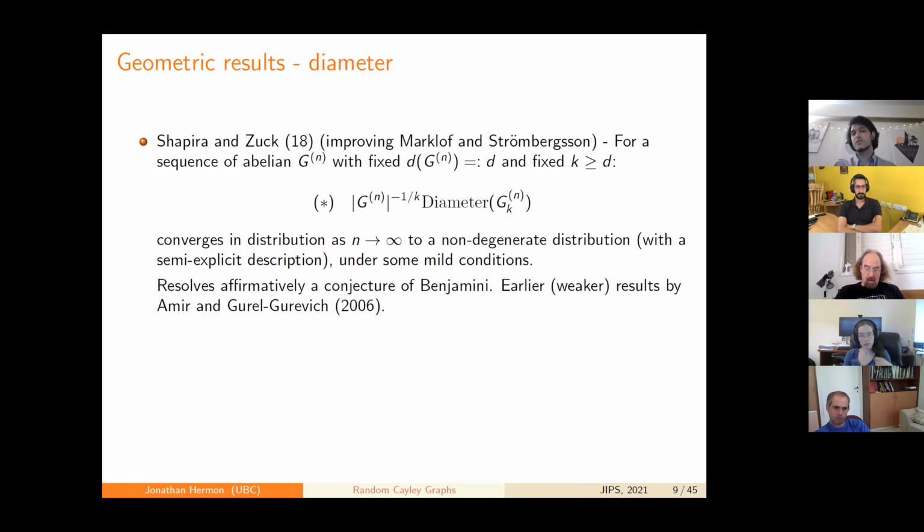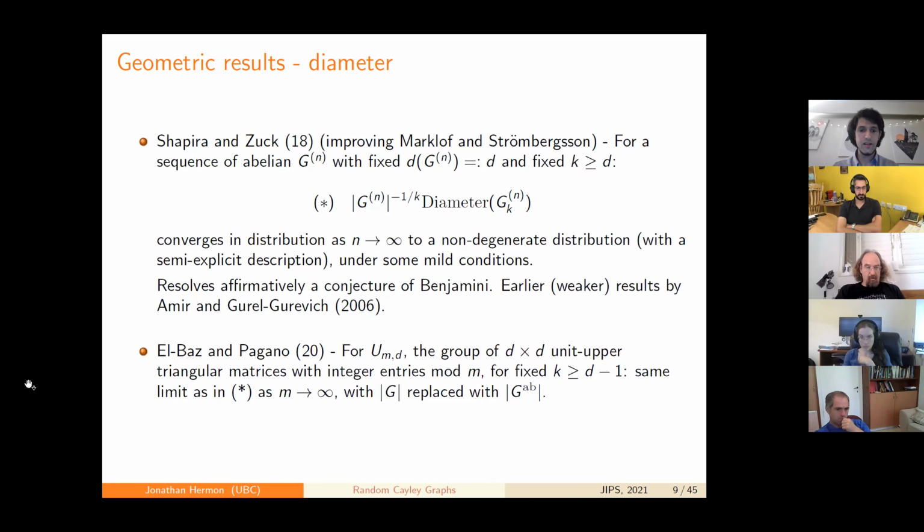I want to mention that there are earlier results, in particular the first result, for the case of a cyclic group of prime order, due to Amir and Gurel-Gurevich. And there is a recent result about some nilpotent groups, in particular the case of D by D unit upper triangular matrices with integer entries mod M. This group will come up a lot in this talk, and I will denote it by U, for upper triangular, (M, D), where D is the dimension.